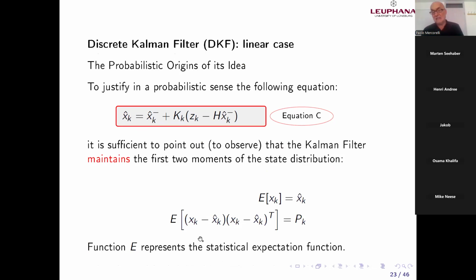Here I am repeating the definition of the a posteriori covariance matrix, and of course the expectation of the true variable, in accordance with what the true is for Kalman, which is exactly the estimation.